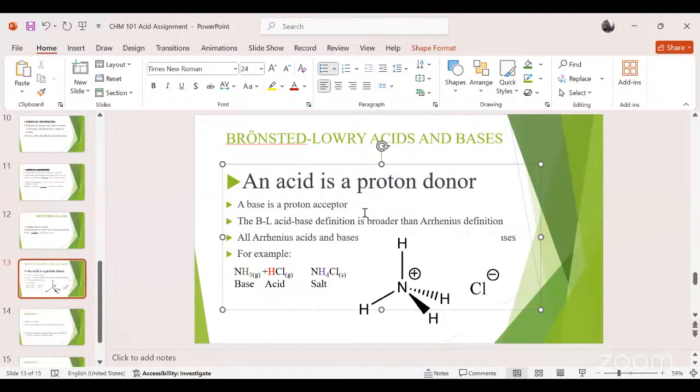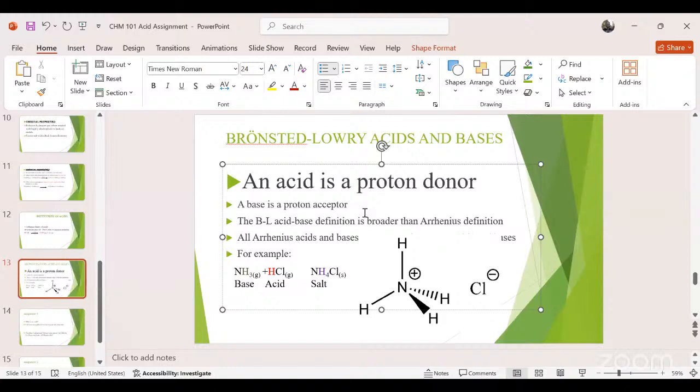Now, so that you will not get confused, just take it this way. According to Arrhenius, an acid donates hydrogen ion in solution. So that is donate. Mind the word donate. According to Bronsted-Lowry, an acid donates a proton in solution. So Arrhenius calls it hydrogen ion.